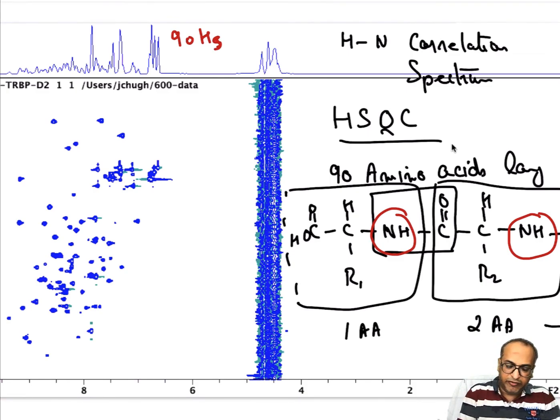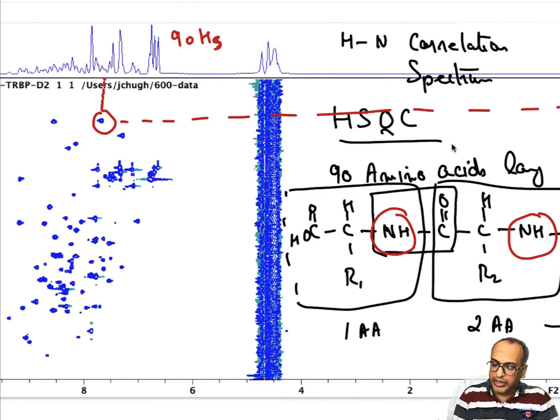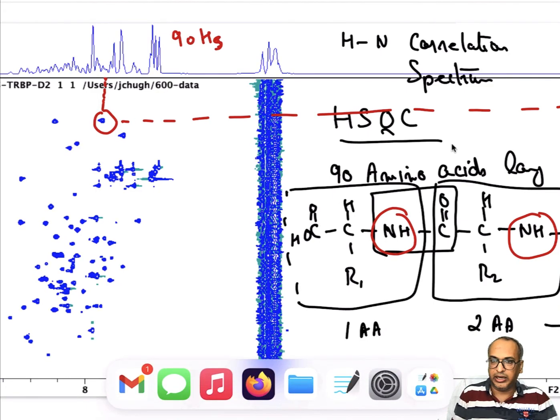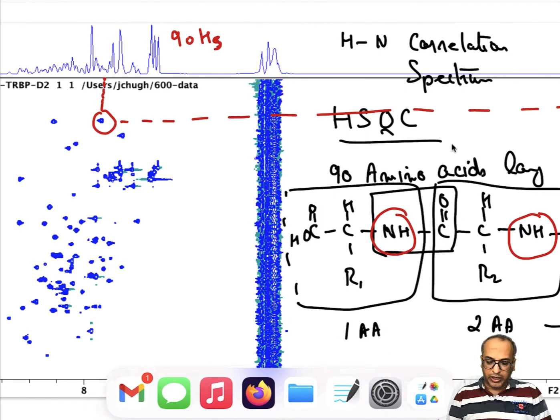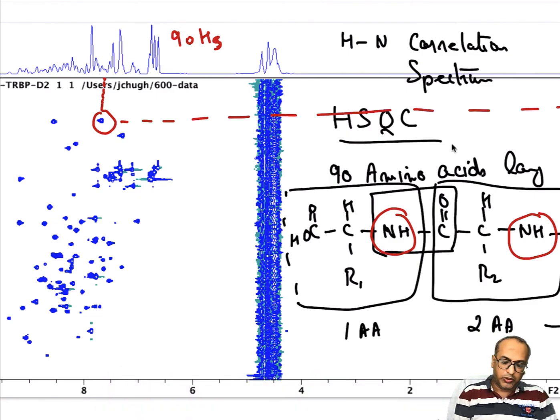So if I look at this peak over here, it gives me a proton chemical shift when I draw the scale up to this axis, and when I draw the scale like this, it reads the nitrogen chemical shift, which is mentioned on the Y scale, right? So each peak is now giving information about proton on this axis and nitrogen on this axis.